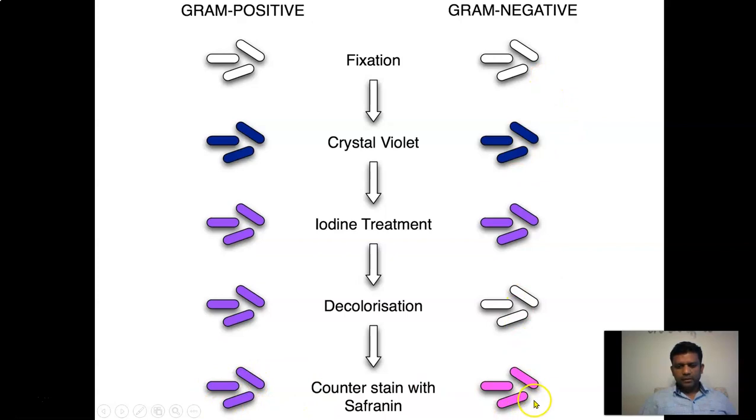But in gram-negative bacteria, the cells became decolored. They lost their color during the decolorization, and when you stain them with safranin, they end up looking pink. That's the reason why gram-positive bacteria show up as purple cells after gram staining, whereas gram-negative bacteria appear pink after gram staining.